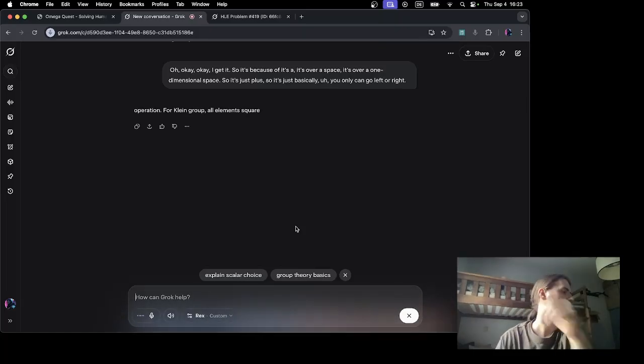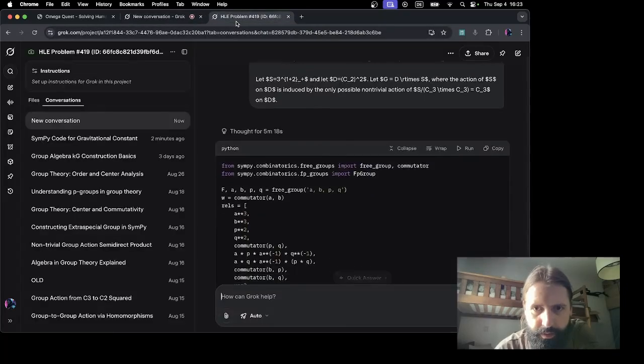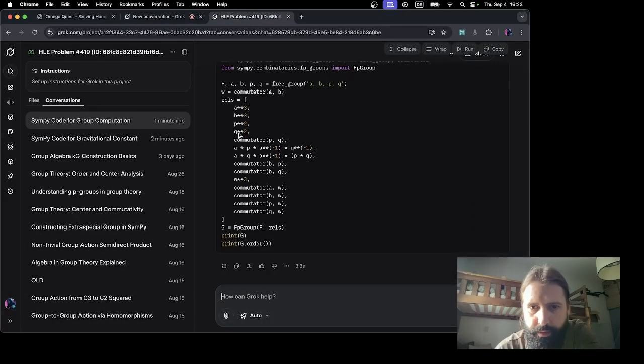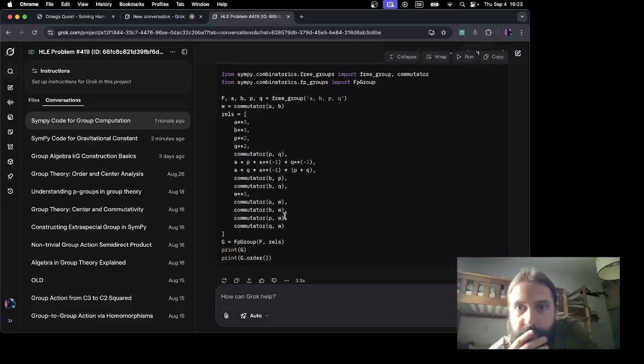Yeah, exactly. In one dimension, all you can do is scale by a number. In reps, we pick scalars so group relations hold. For Klein 4, we need scalars where g^2 equals 1 acts as identity. In characteristic not 2, that gives plus or minus 1.